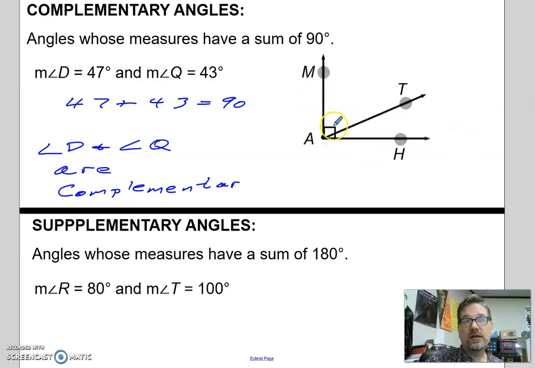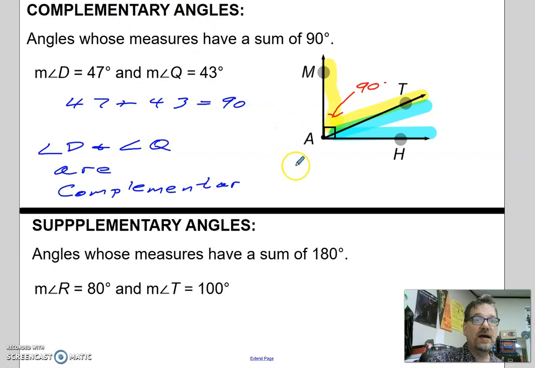You can also see it in a picture. See how we have our right angle? I know this is a right angle because of the box. That box right here means 90 degrees. So what we know is the two angles on the inside, by angle addition postulate, have to add up to 90. These two angles have to add up to 90 because of the box.